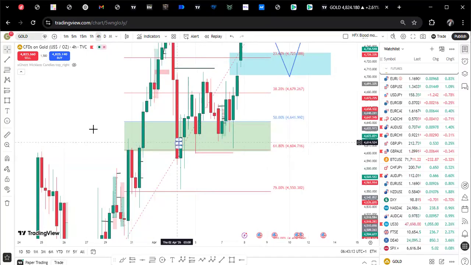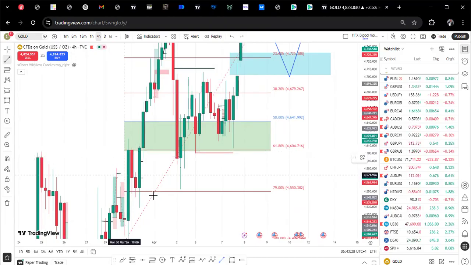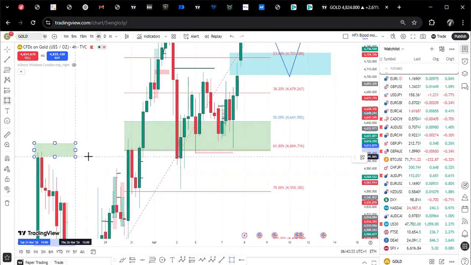Number three. Look at this. What happened there? Market came here, went back, came here again, went back, came here, went back, came here, went back, then broke. So automatically, this zone rather, let me see if I can mark it. This zone rather is what?